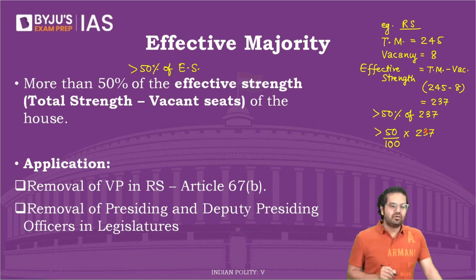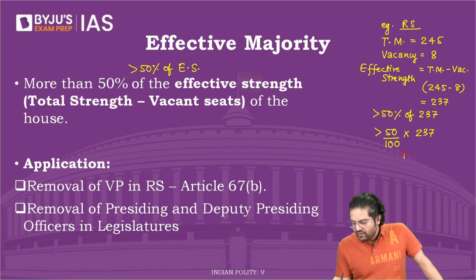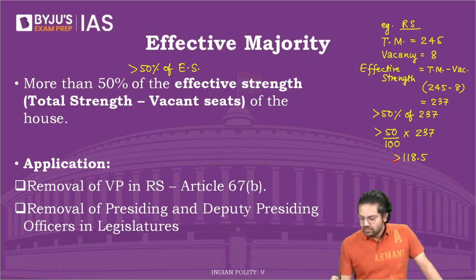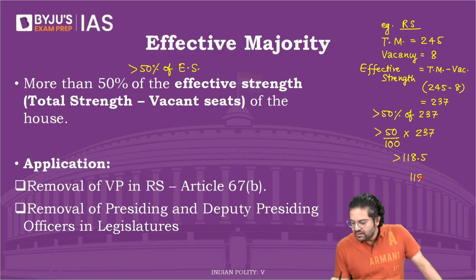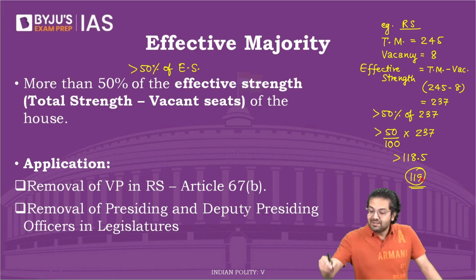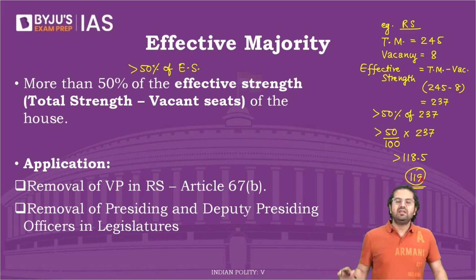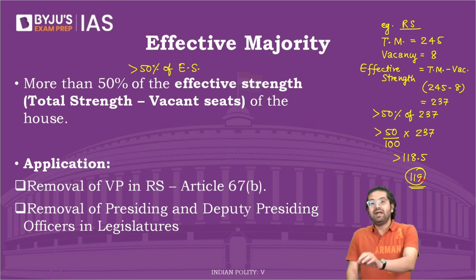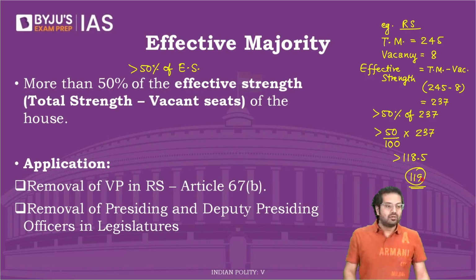What is half of 237? 118.5. More than that means what? 119 people would, in this example, mean effective majority, meaning these many people at least are required to support in those areas where effective majority is required.